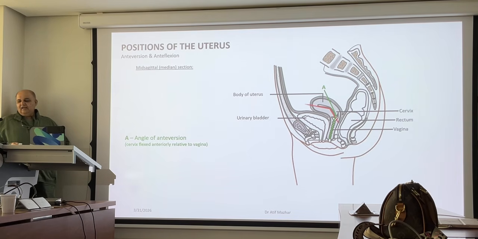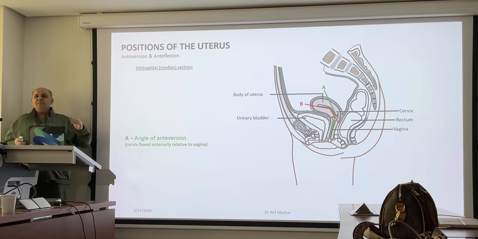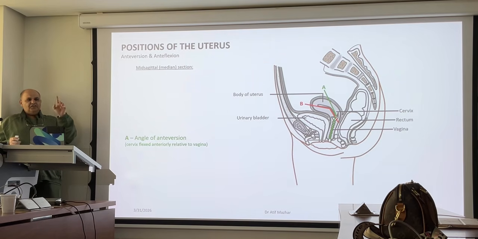And then the angle of anti-flexion. If the uterus does not follow these two angles and it is lying differently, then for this female, getting pregnant may be a little bit problematic. You don't need a surgery, put your digits, maneuver it, and there is a cushioning available, fix it, and then she can get pregnant, there's no problem.